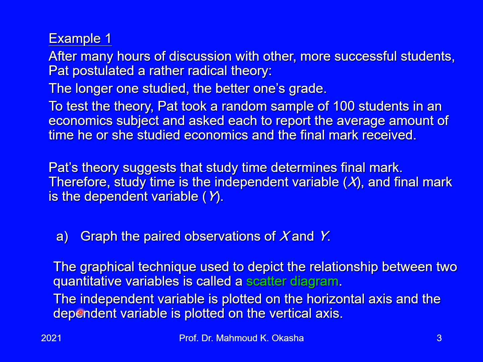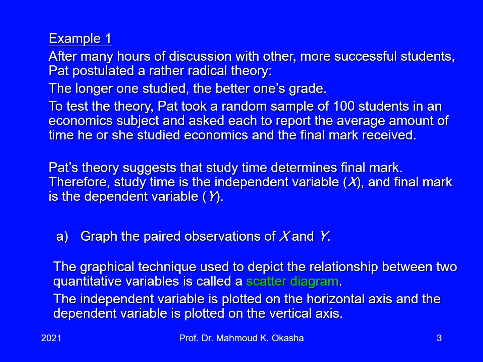The independent variable is usually plotted on the horizontal axis, and the dependent variable on the vertical axis. This is the scatter plot which we learned in the introduction to statistics course.